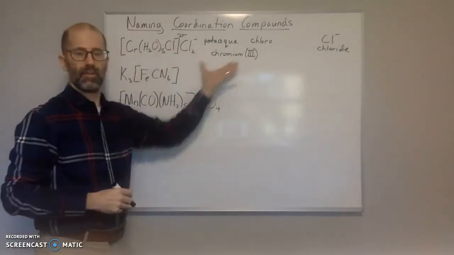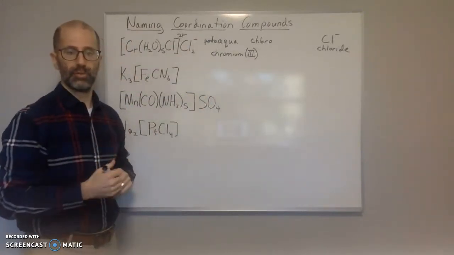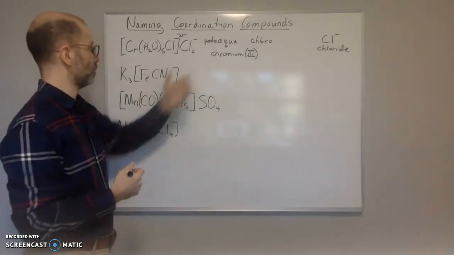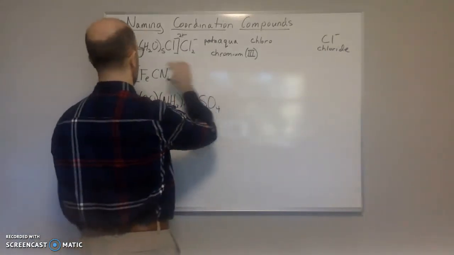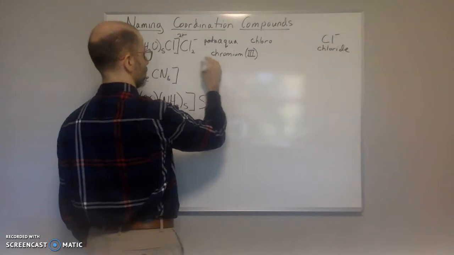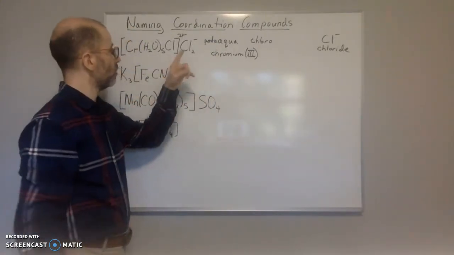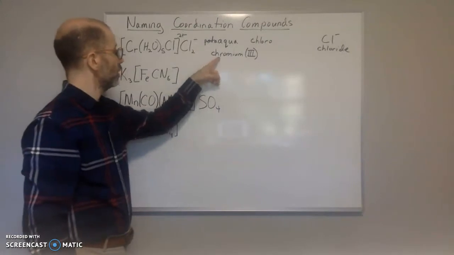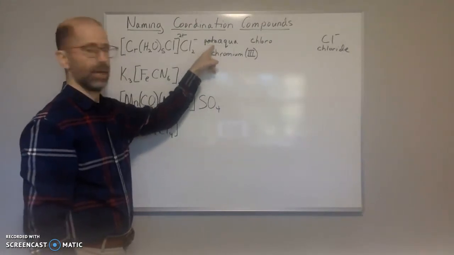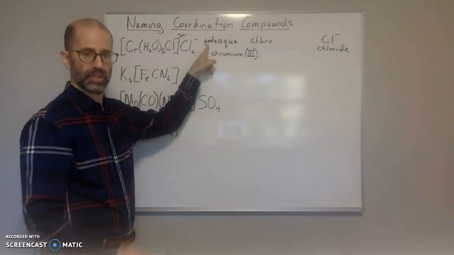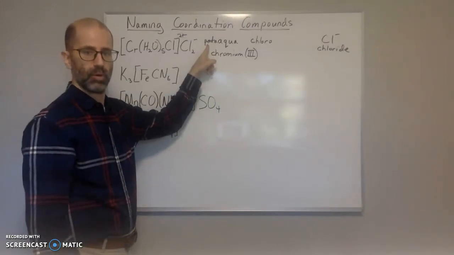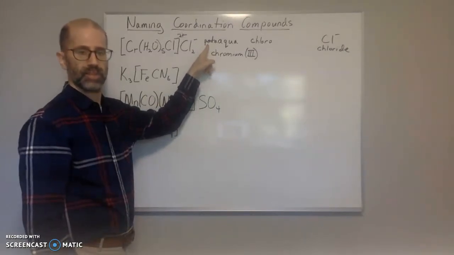And now that we have all the parts, we just put it together for this complex ion. We have to write it in alphabetical order, with aqua first. We're going to ignore the prefixes. When you're writing in alphabetical order, you don't write it with respect to the prefixes.